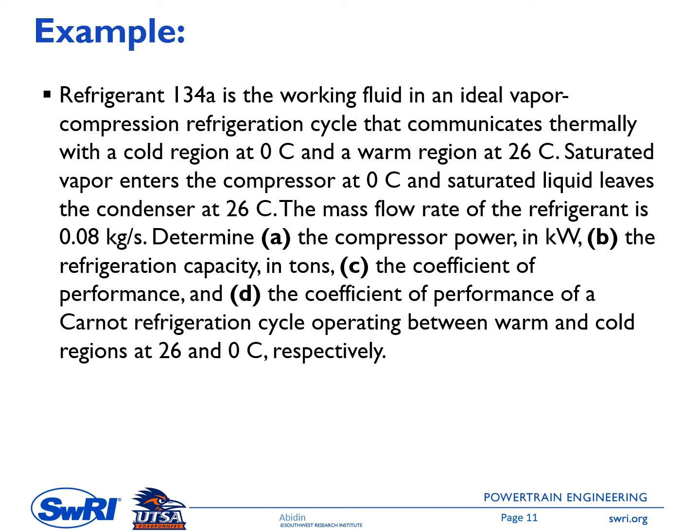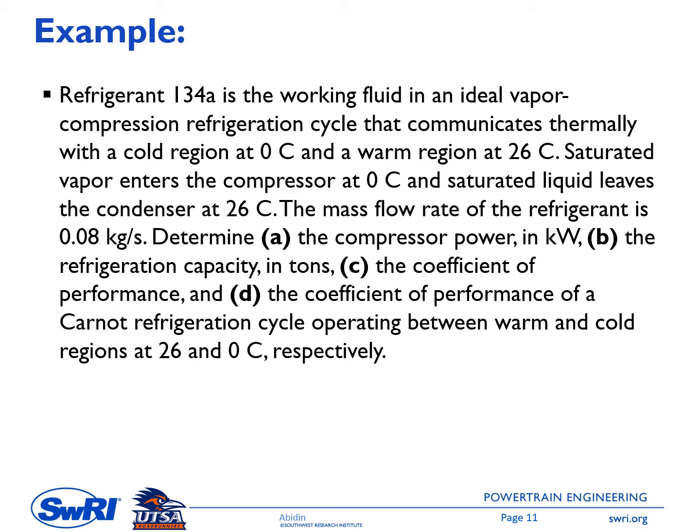The first question is the compressor power in kilowatts, and then the next one is the refrigeration capacity in tons, and then the coefficient of performance, COP, and then the coefficient of performance of a Carnot refrigeration cycle operating between warm and cold regions at 26 and 0 degrees C respectively.